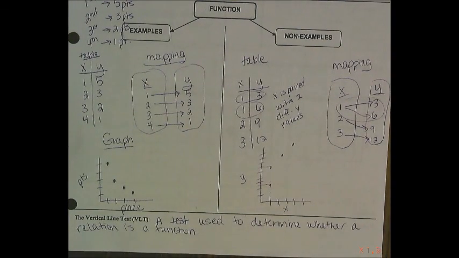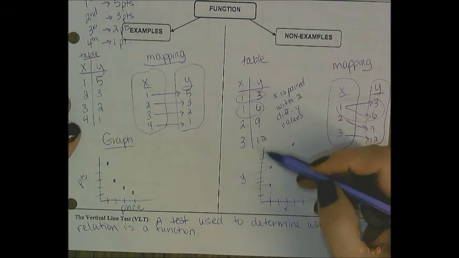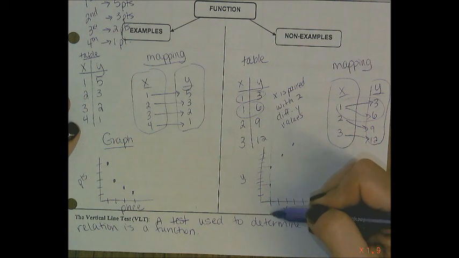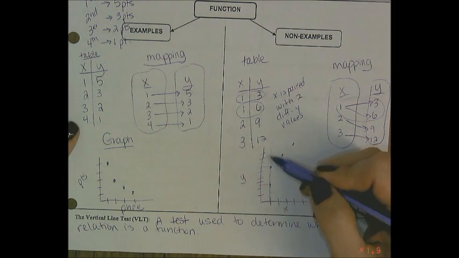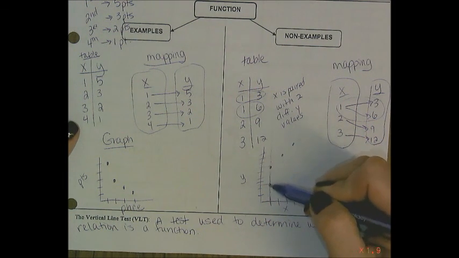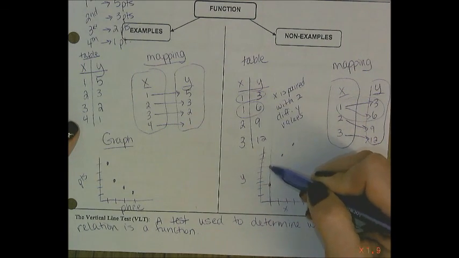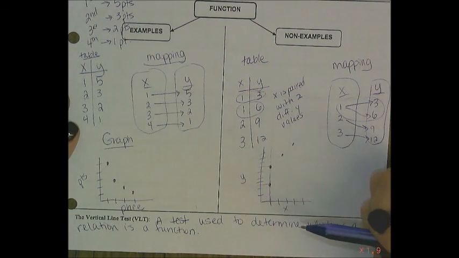If a vertical line crosses a graph of a relation more than once, the relation is not a function. So for instance, look at this right here. If I draw a vertical line through this data, it is going to cross this relation in 2 places. That shows that it's not a function.